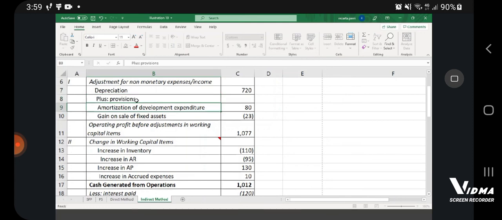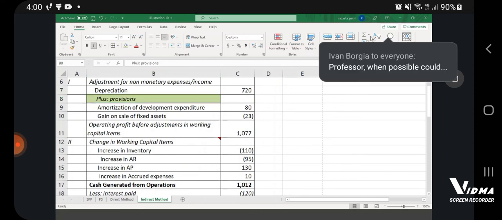Anytime you have provisions, you will include them there as an increase, with a positive sign, because provisions are non-monetary expenses, as you know. Careful, the increase in provision you have to include under the non-monetary items. Any other question? Okay.